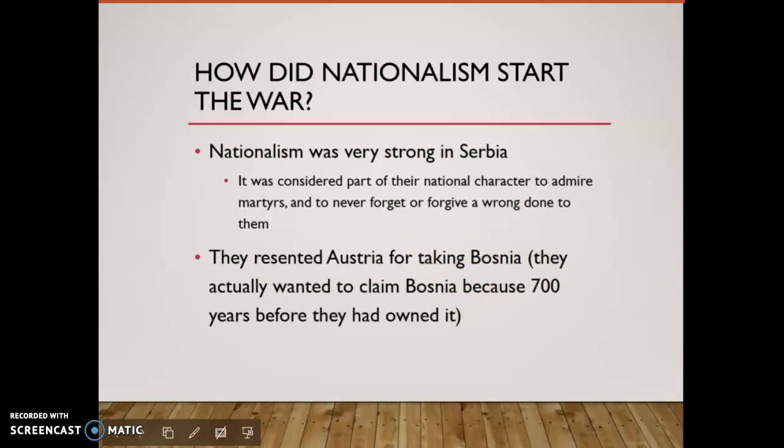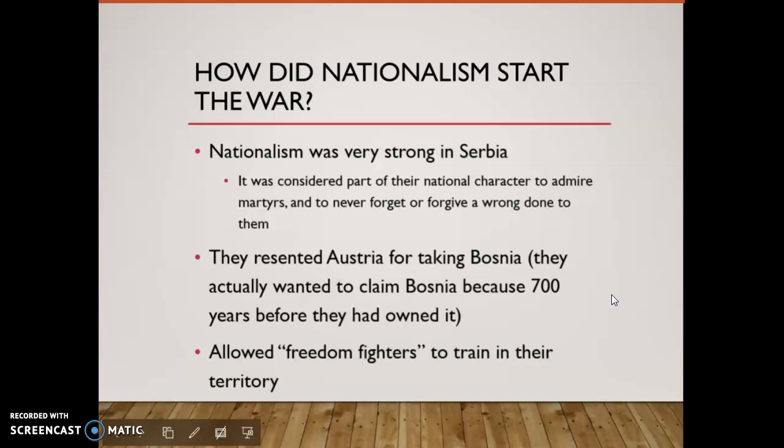Remember, they annexed Bosnia. And I've explained already about how Serbia wants Bosnia to be angry so that Bosnia will rebel against Austria. Once it has done that, Serbia will then be free to come in and take over Bosnia. So that's sort of a long-term plan.